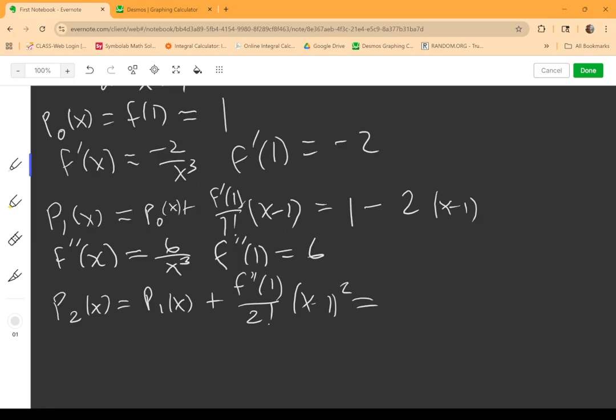P1 of x is 1 minus 2 times x minus 1, and 6 over 2 factorial is plus 3 times x minus 1 squared.